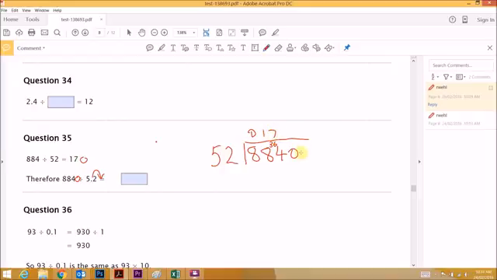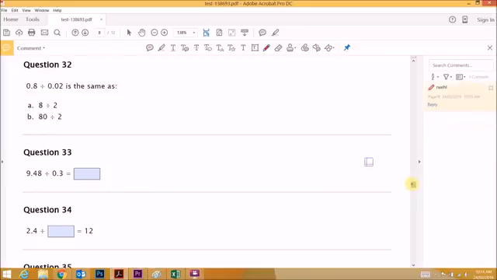And then 52 goes into 0 0 times. So there is our answer for that.